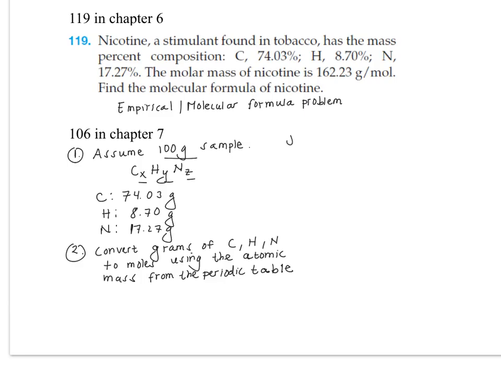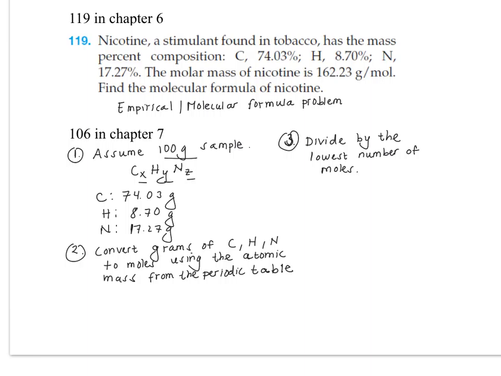Once you have your moles of carbon, hydrogen, and nitrogen, you're going to divide by the lowest number of moles. When you divide by the lowest number of moles, make sure that it's a whole number.